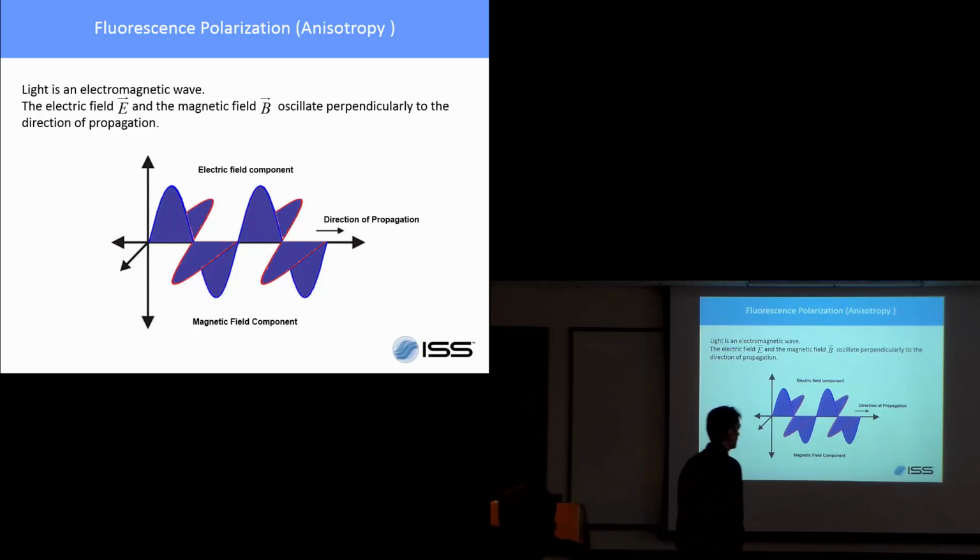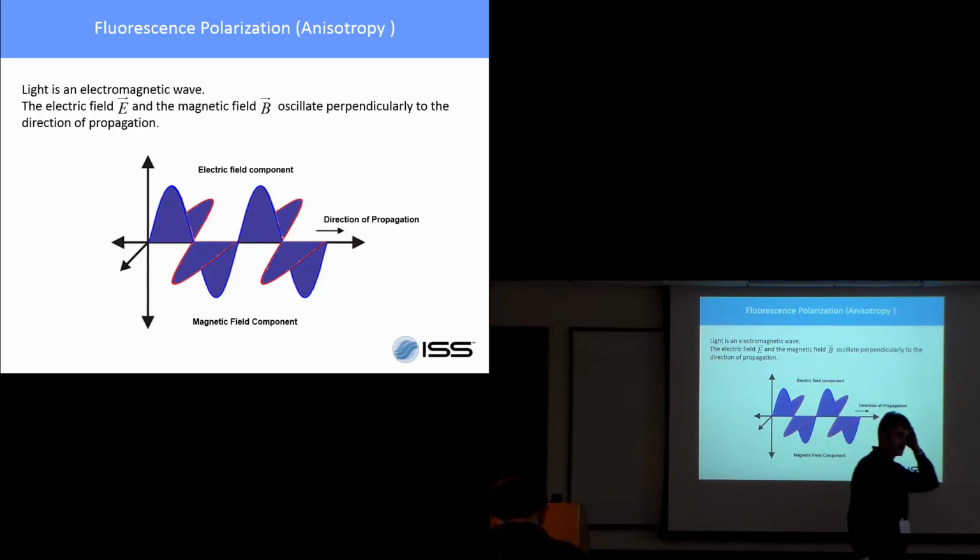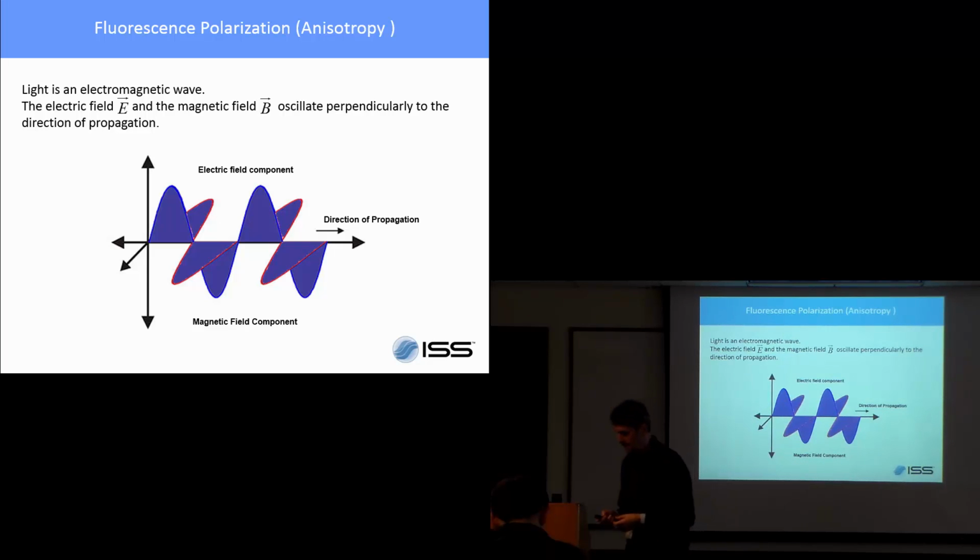Now let's talk about the last parameter of the 5 parameters that characterize the problem. And this is the polarization. Light is an electromagnetic wave, and so there is a direction of propagation, and there is an electrical field and a magnetic field, and they vibrate perpendicular to each other and perpendicular to the direction of propagation.